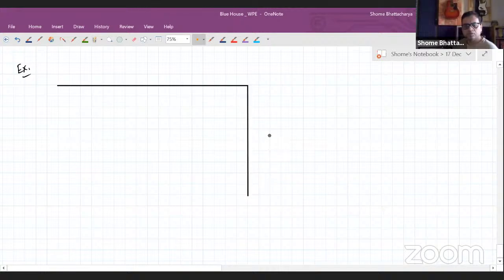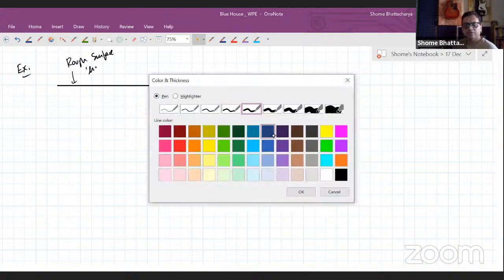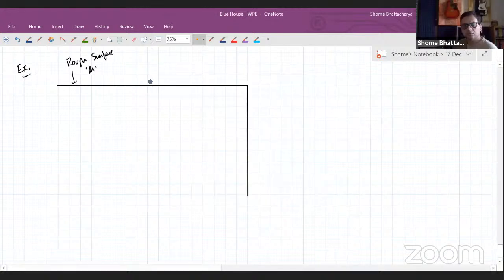Okay, so you have a rough surface with coefficient of friction mu, and on that we have a chain like this.